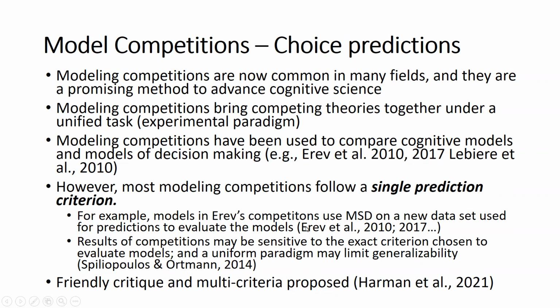For example, in Erev's competitions, they use mean squared deviation from the data in a transfer data set to evaluate the models. We know that the results of competitions may be sensitive to the criterion used to evaluate the models. Therefore, we need to look for more than just one criterion. And recently we have published a friendly critique about model competitions.